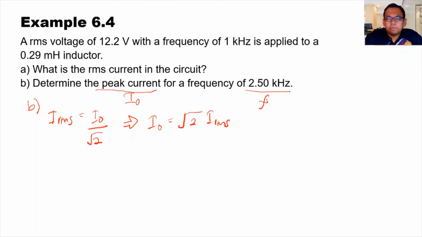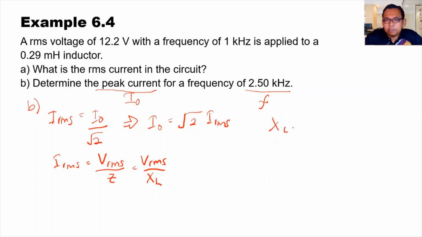We have a frequency, and IRMS we can find using this equation here as in the previous part, and the impedance for this circuit is the inductive reactance. So we have to find XL first.